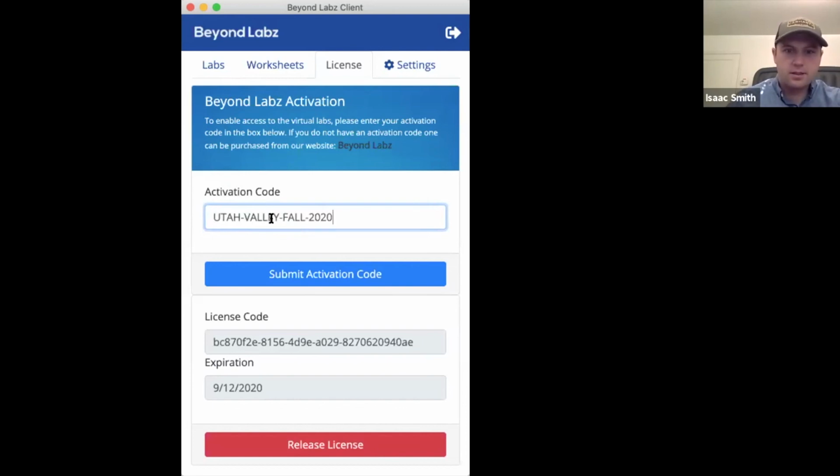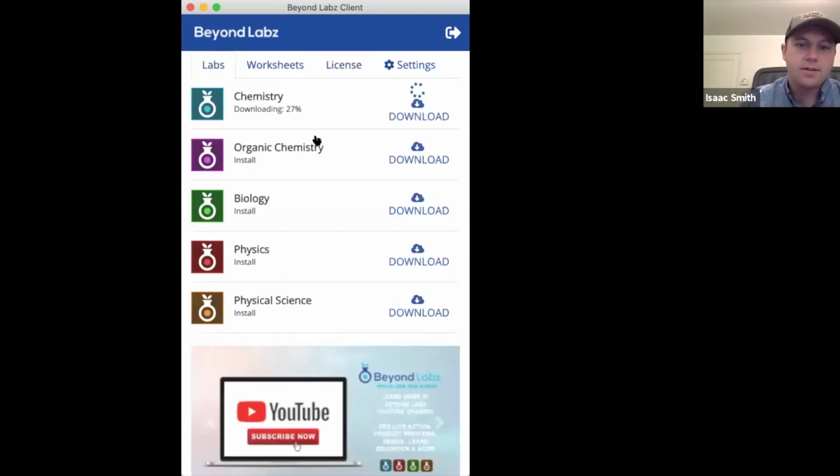The code is Utah Valley Fall 2020, and hit submit, and then it should update your license code and give you an expiration date. I think right now it's just a trial as soon as you download it, so you only have it for a certain amount of time. But if you put that code here and hit submit activation code, then you'll have it throughout the whole semester. I think that's pretty much it for downloading it.